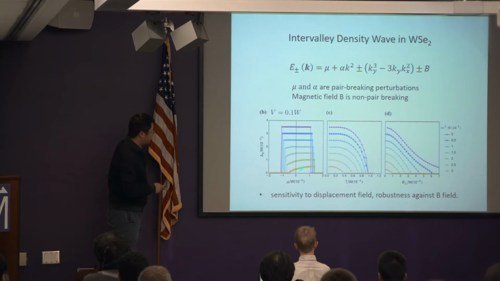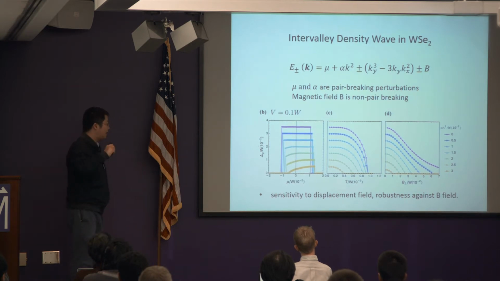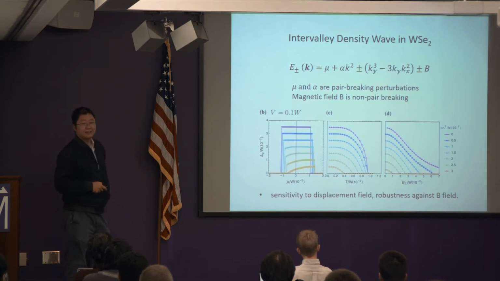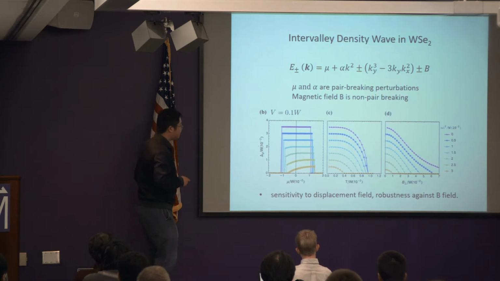A small displacement field which moves the energy of the Van Hove point away from the Fermi level by about 1% of the bandwidth is sufficient to destroy this exciton insulating state.